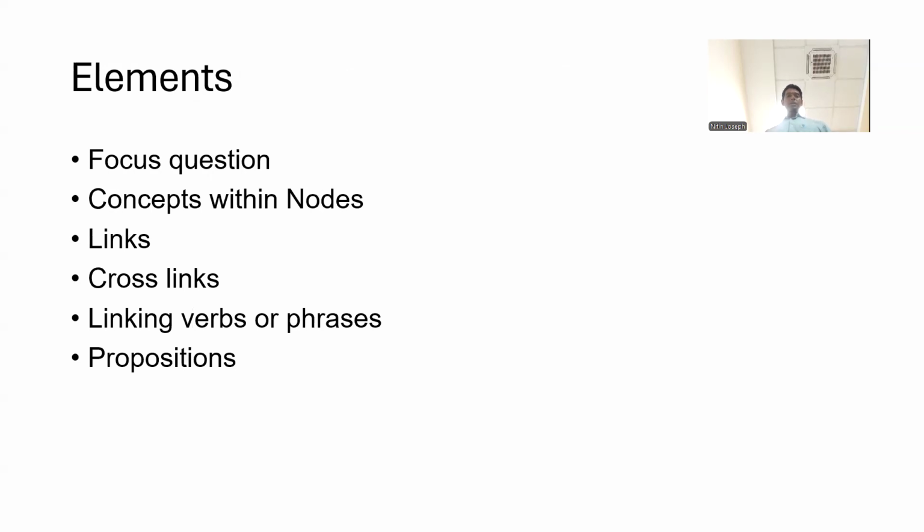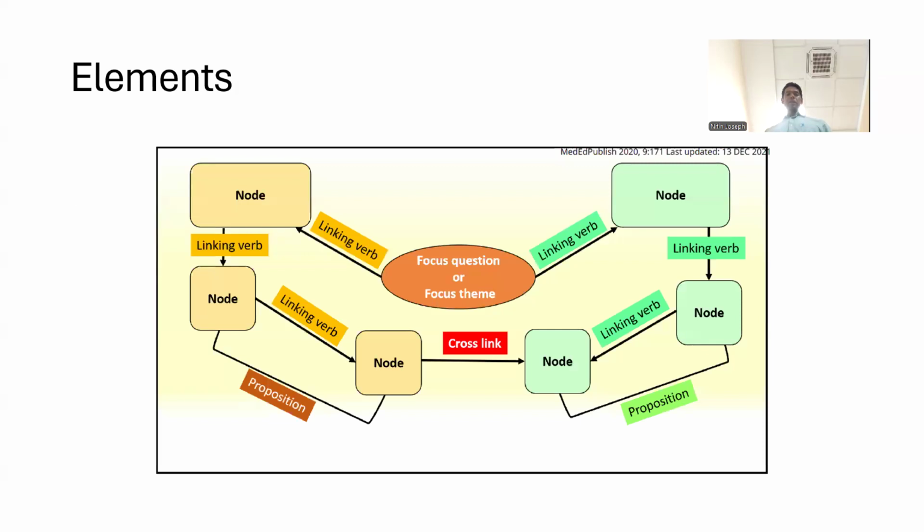So this is the anatomy of a concept map. The following elements will come across in a concept map, which I am explaining with the help of this diagram. The various boxes which you see, in the form of squares or rectangles or even circles, are called nodes.